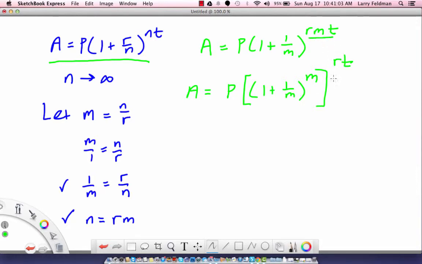But I need to group this in this way for a reason. And the reason is that there's a constant called e.